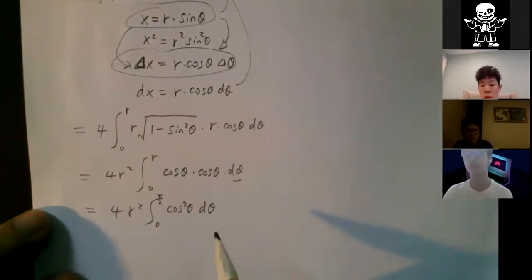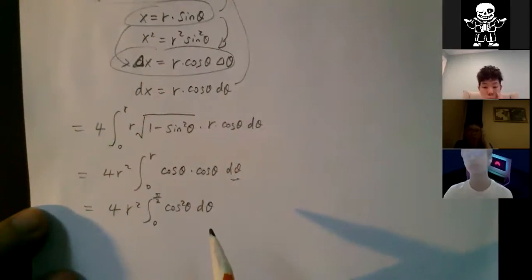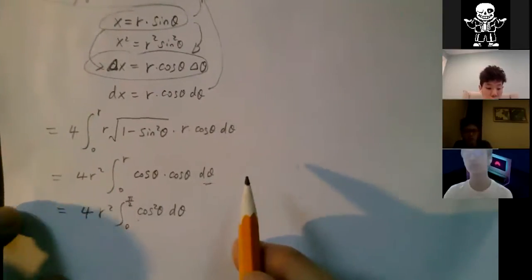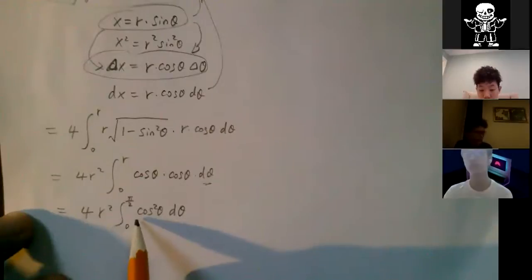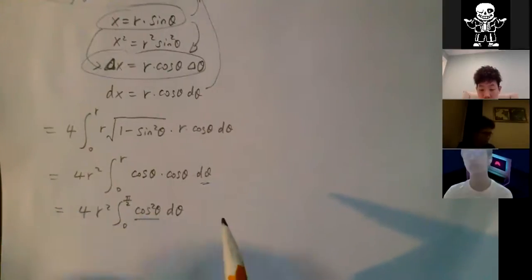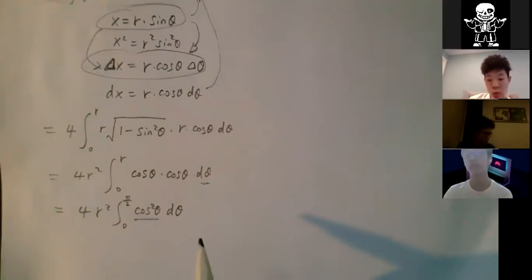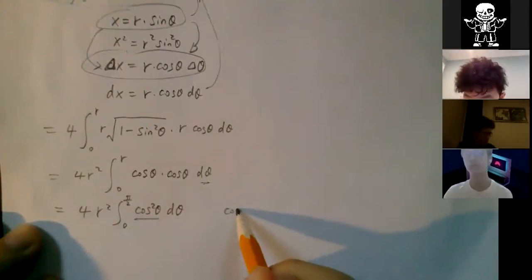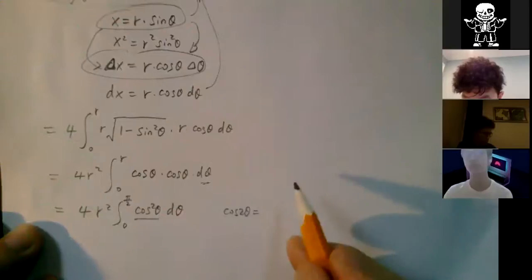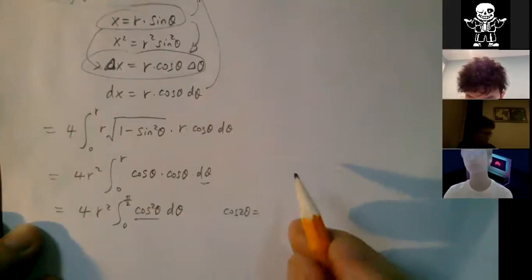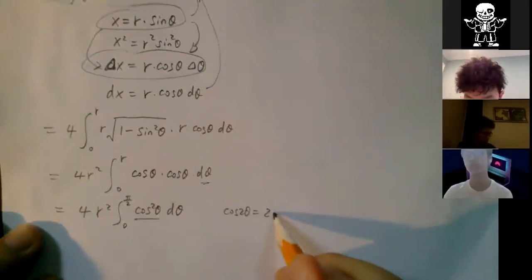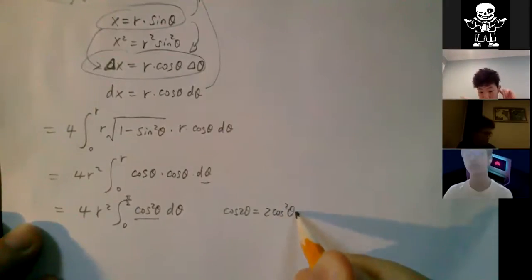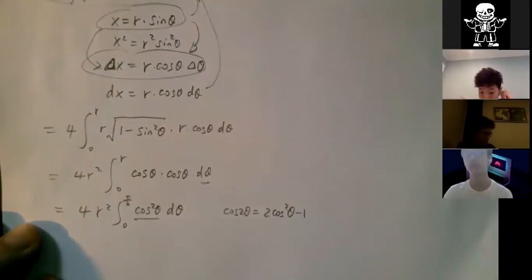Okay. And the cosine, if you have learned the trig, cosine 2 theta equals, I think, 2 cosine squared theta minus 1, I believe.